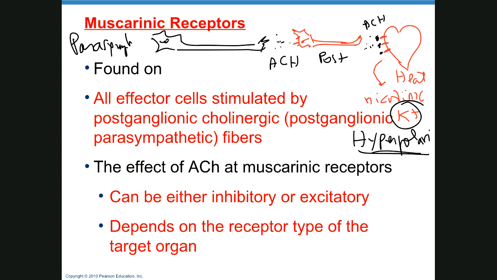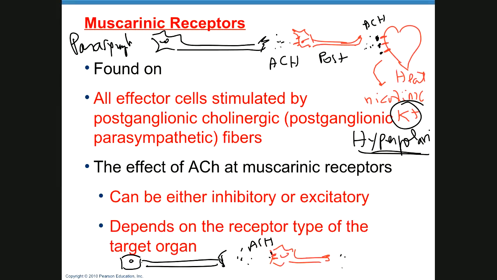Let's have the same story now, but instead of the parasympathetic neuron hitting the heart, now it's going to go to the intestines. This is the preganglionic neuron, secretes acetylcholine, nothing new there. The postganglionic neuron has the nicotinic receptors that accept the acetylcholine and activates the neuron into secreting acetylcholine.